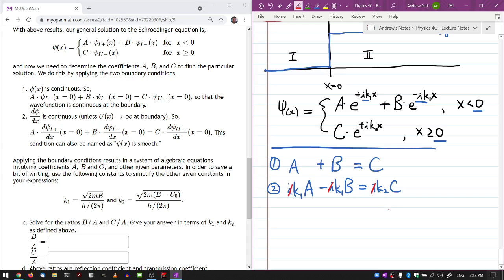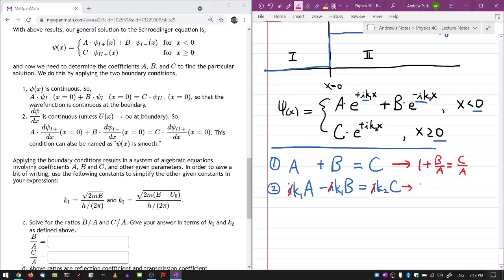Okay, so in trying to solve for B over A and C over A, I guess it's simplest to divide out A. Then I get 1 plus B over A is equal to C over A. And here, let me divide it out by k1 A, for fun.